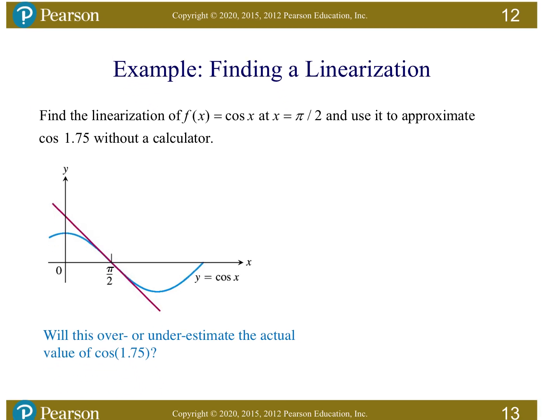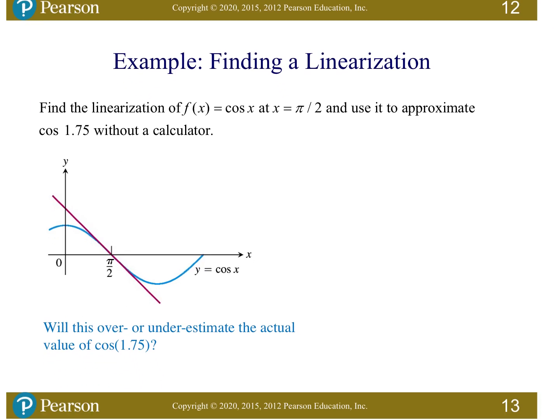All right, so let's do it again with a trig graph. Use the linearization, make a linearization like Newton would, and approximate cosine of 1.75. So Newton would say, forget that. I don't want to use 1.75 because 1.75 is not a good trig number.